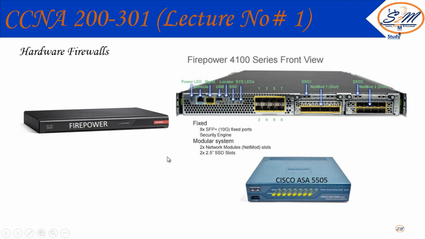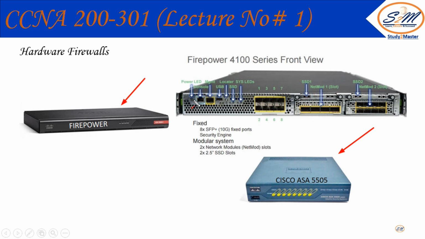Hardware firewall. So this is the hardware view of the firewall. Firepower is also a next generation firewall. Cisco ASA, Adaptive Security Appliance 5505, is a model, and also this Firepower 4100 series front view. This is the complete information: fixed, modular, SSD and network module slots.